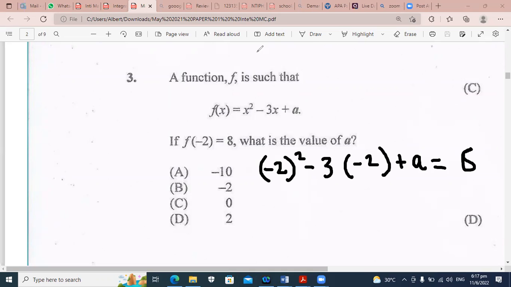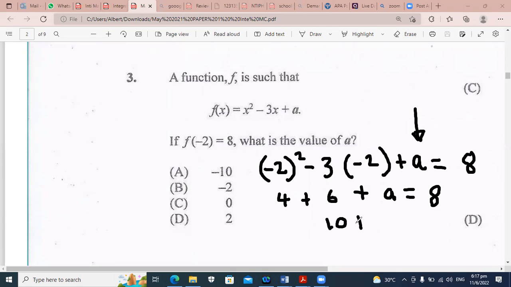Can you compute that for me, please? Find A. Sir, -2. Well, that's 4, that's 6. So that's 10 plus A equals 8. Subtract 10 from both sides. We get 8 minus 10. Yes, you're correct. It's actually -2.